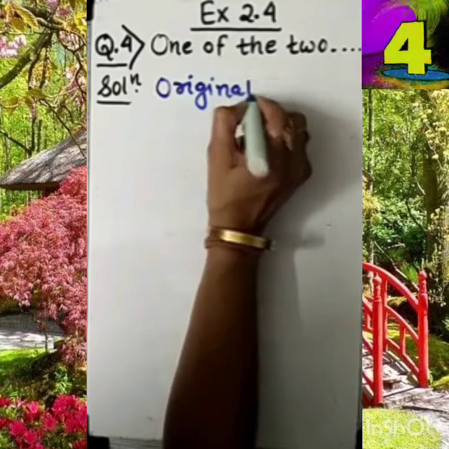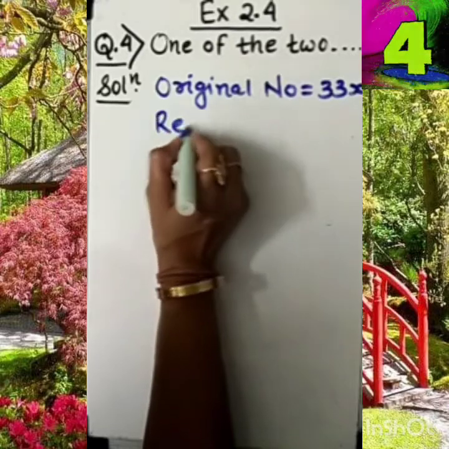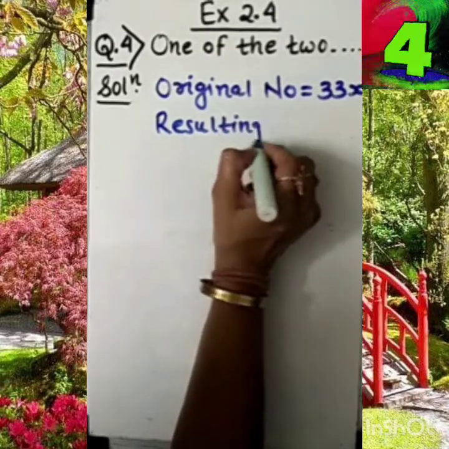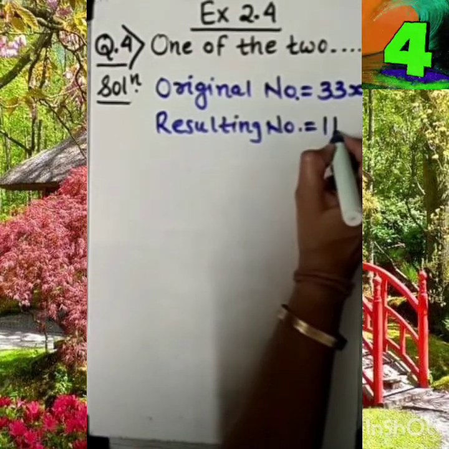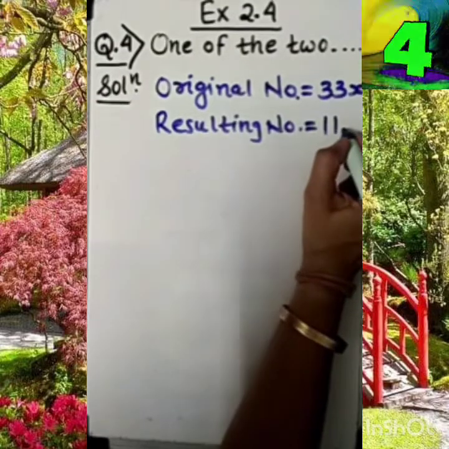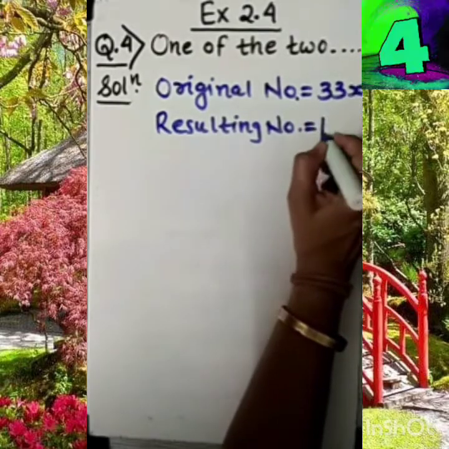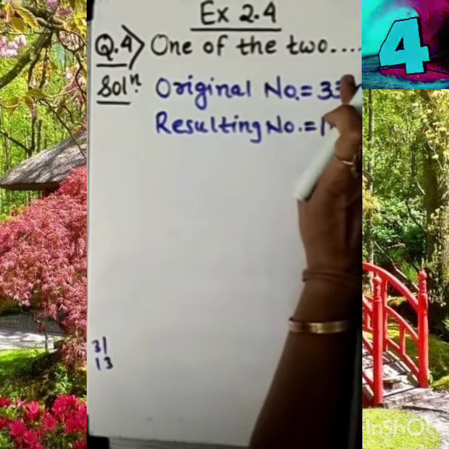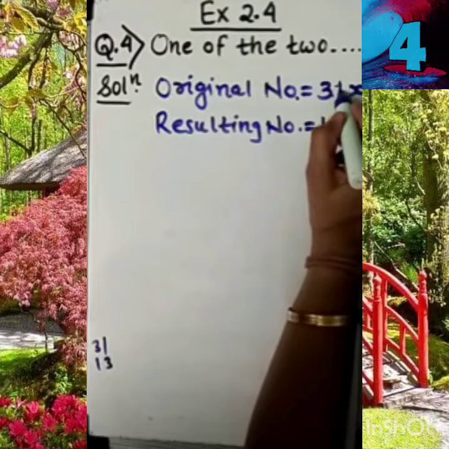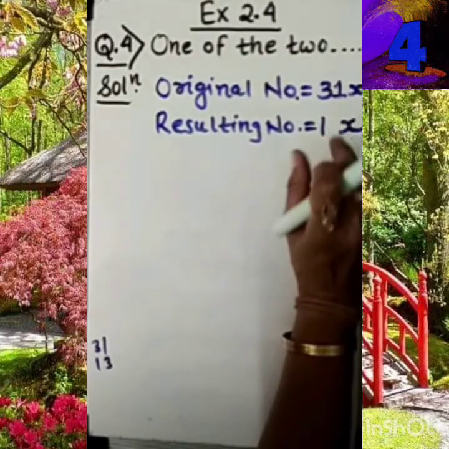Our original number was... Yes, friend, a little change here. The original number is 31x, as we already found, and the resulting number, the new number which we have found, was 13x.